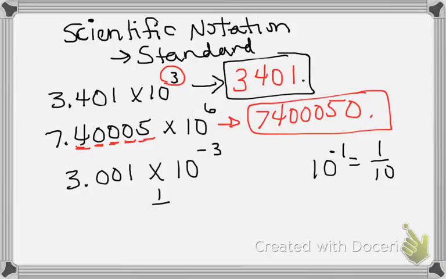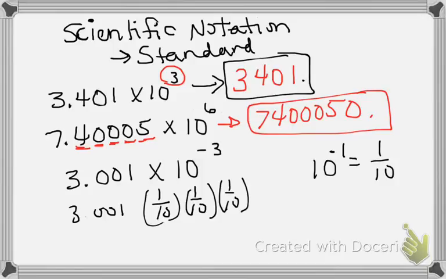And so we write 1/10 out 3 times, and then we multiply this by 3.001. Same thing as we did before. The other one was positive. Whenever you have a negative exponent, it's kind of like the reciprocal. It makes it 1/10. So really that'd be 1 over 1,000, and then you multiply 3.001 by that, and you get your number.